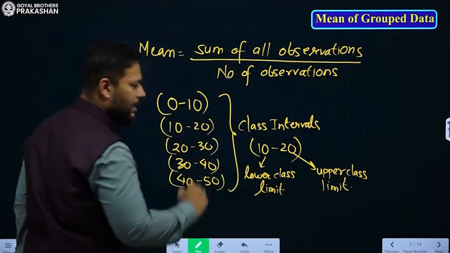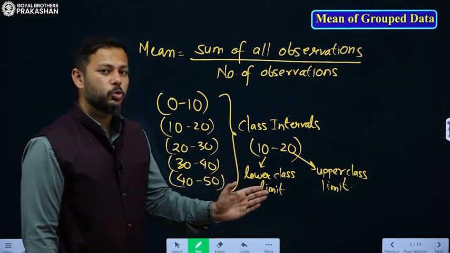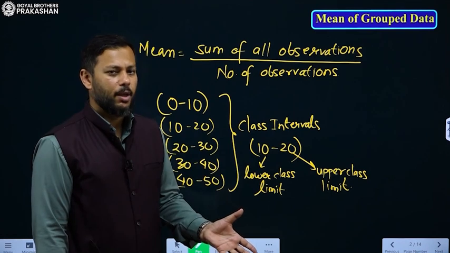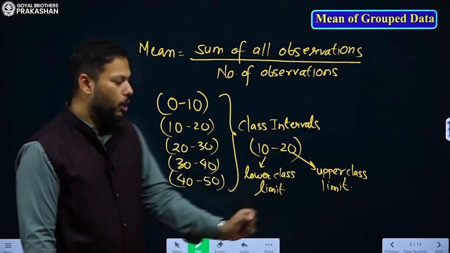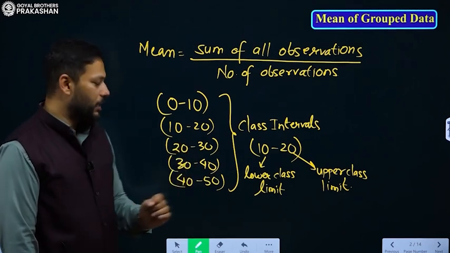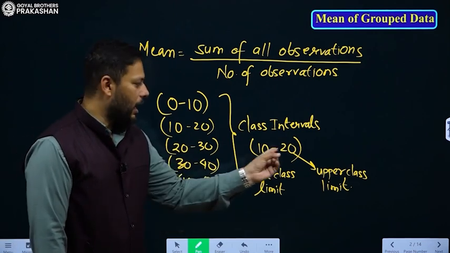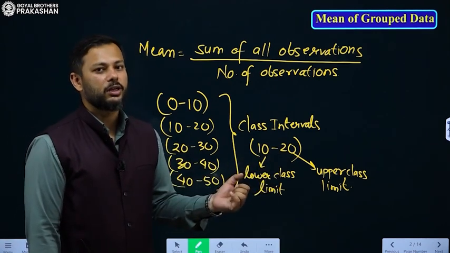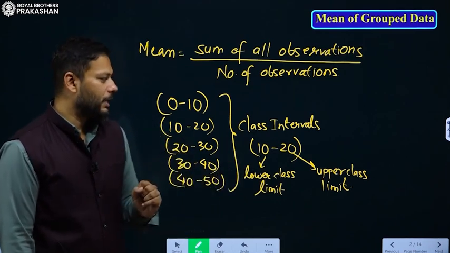And also one very important thing is that you need to consider, like suppose if there is a student who has scored 20 marks in exam. So will you include that student in 10 to 20 group or 20 to 30 group? You need to include that student in 20 to 30 group because we never take upper class limit into consideration when we put an observation in that group. So that must be very clear to you.